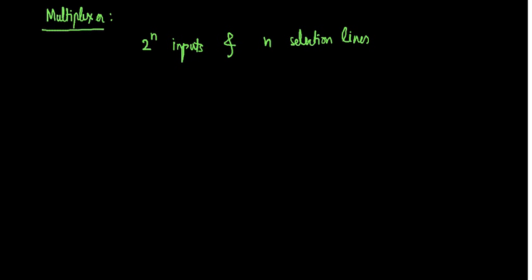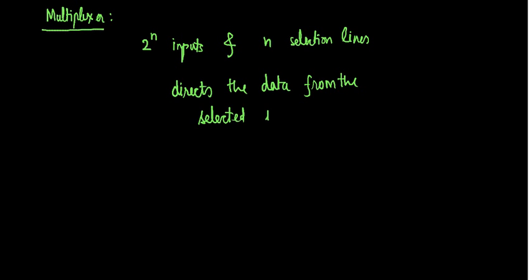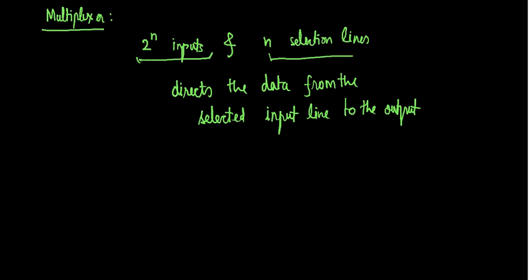What it will do is simply redirect the data from the selected input line to the output. There is only one output, isn't it? So there are 2 to the power n inputs, n selection lines, and one output. Is that okay?